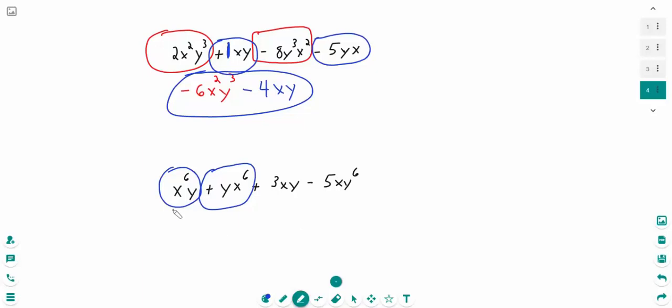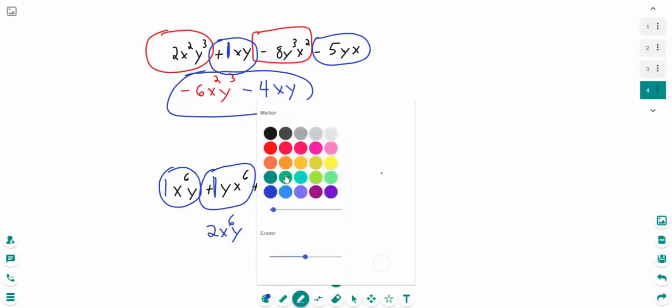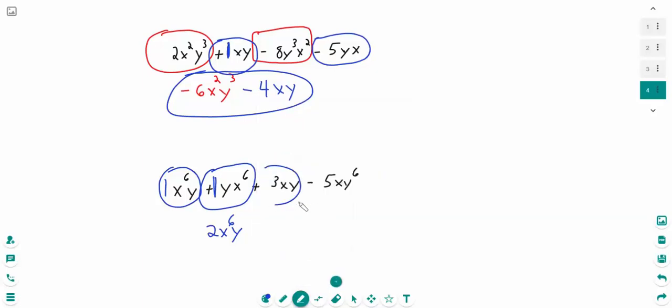So if we add those two, we have a positive 1 right here, another positive 1 right here. So we end up with 2x to the 6th y. Now here we have a positive xy.